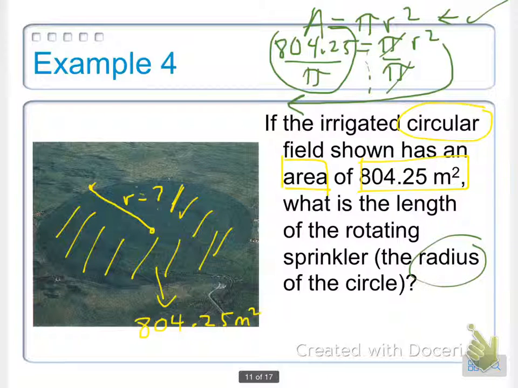I'm going to get r squared equals, and I'm typing 804.25 divided by pi, using the caret key right above the dividing key on the calculator, and when I press enter, it gives me 256. It's basically 256, and we're talking about meters squared. Remember, the area was here in meters squared.